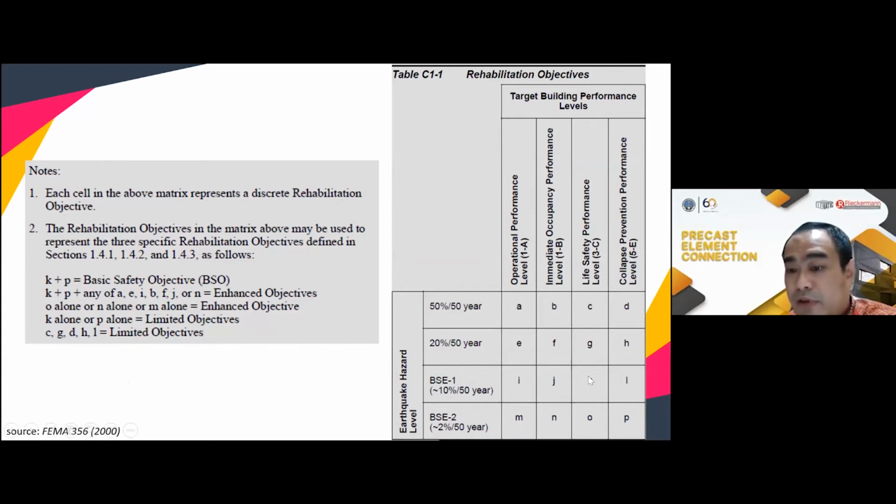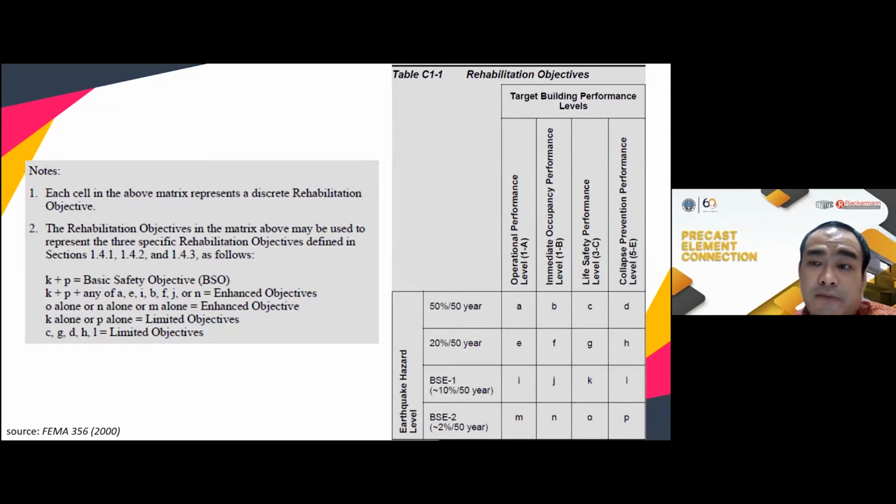It means for the design level earthquake, we will have life safety, and for the maximum considered earthquake, we'll have the collapse prevention. This is the maximum considered earthquake, which is with the probability of occurrence of 2% in 50 years, which is equal to the earthquake with 2,500 year return period.